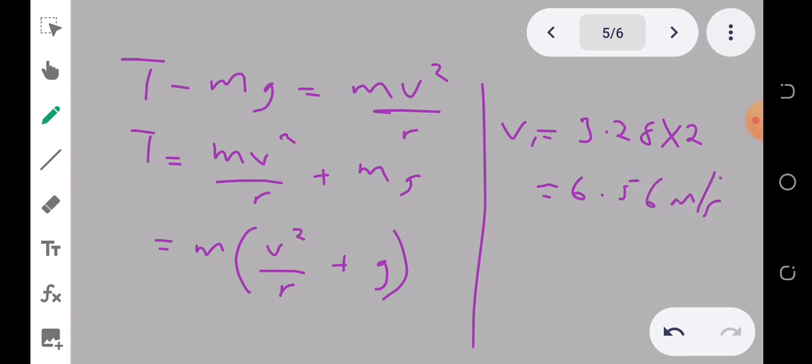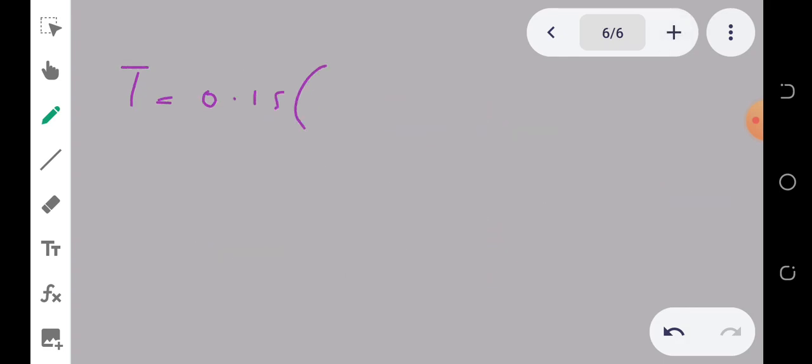So that's the speed which we'll be using. So 6.56 square over r, which is 1.1, plus 9.81 meters per second square.